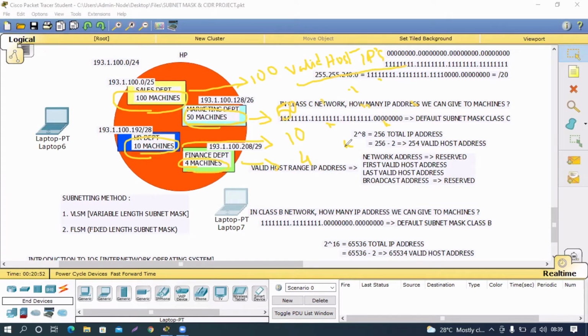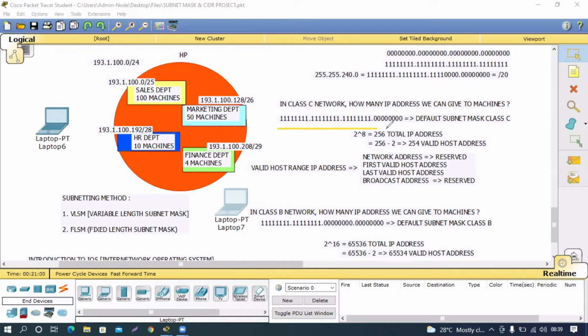So for this amount of addresses, if we go for a class A network or class A subnet mask like this, and I give this entire subnet mask to this department, what will happen? So many IP addresses will be wasted. Yes or no? Yes, sir.